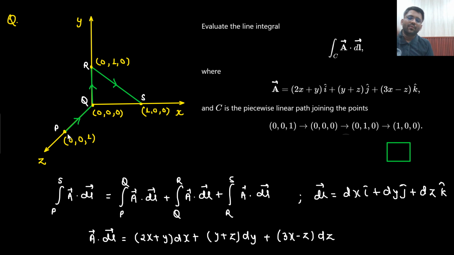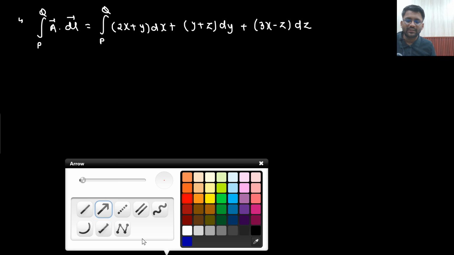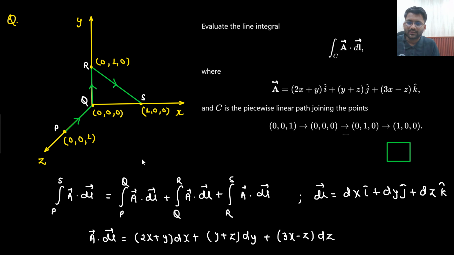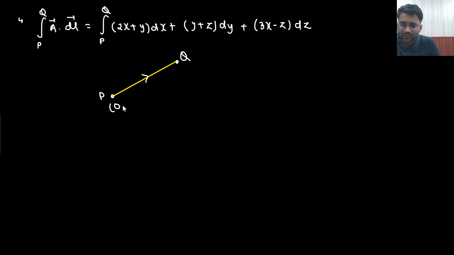Now when I am moving from P to Q, what is my P to Q? This is how P to Q looks like. This is your point P, this is your point Q. Point P is (0, 0, 1) and point Q is (0, 0, 0). Now you let me know, when you are moving from P to Q, what is the value of your x?